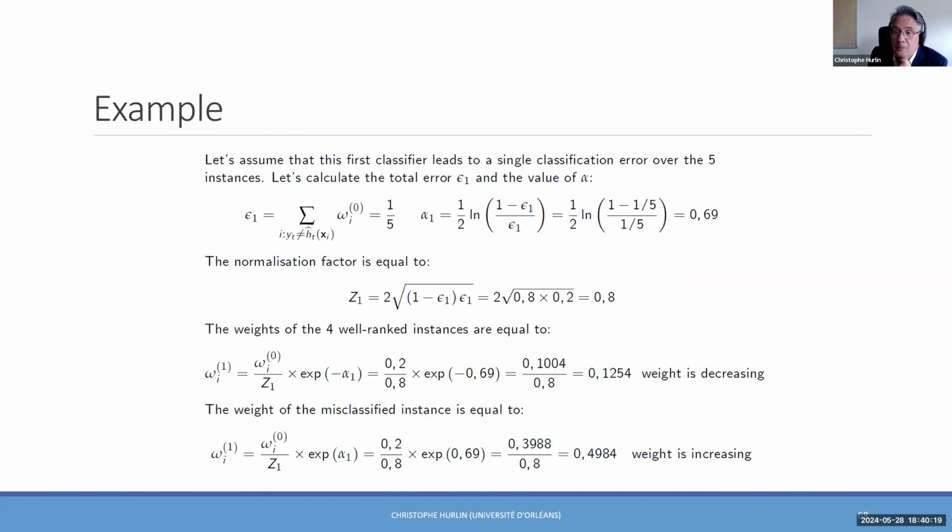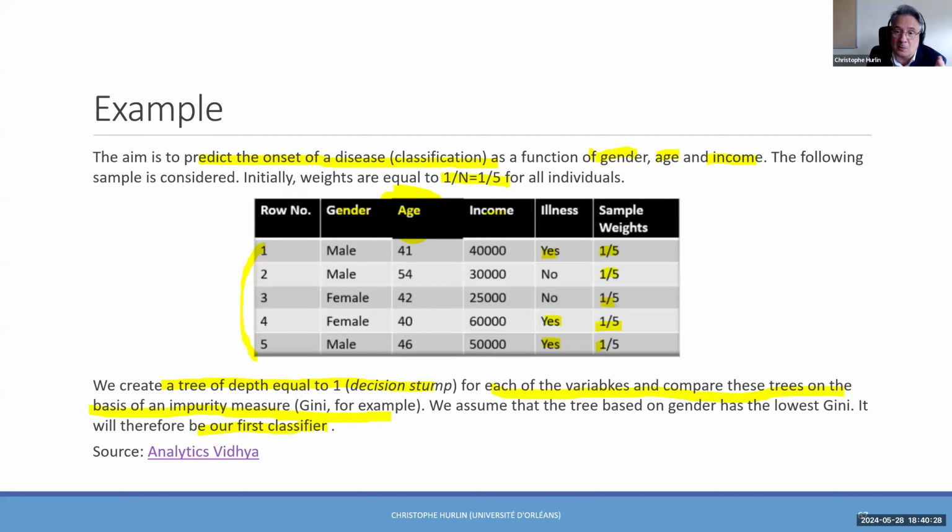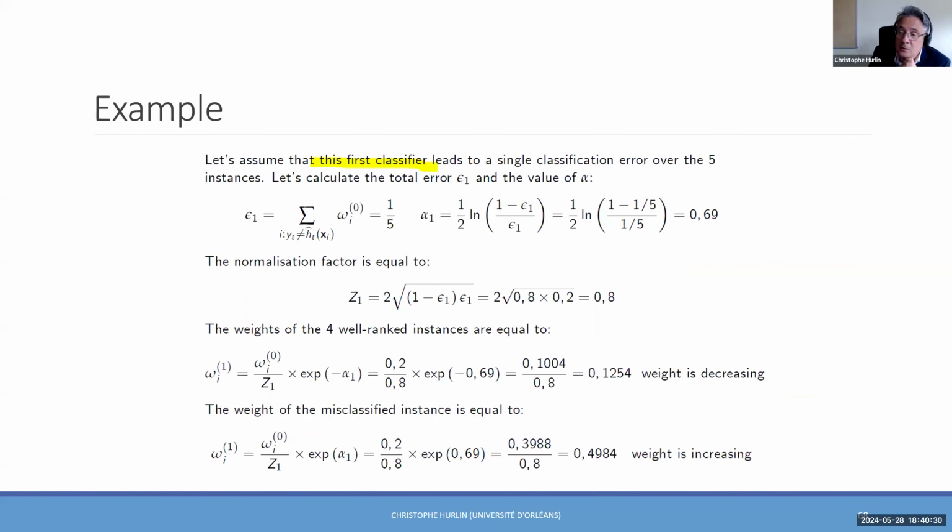Let us assume that the first classifier, I don't know what it is, but let us imagine that it is based on age. So this is a decision stump based on age, and you have a single classification error over the 5 instances.